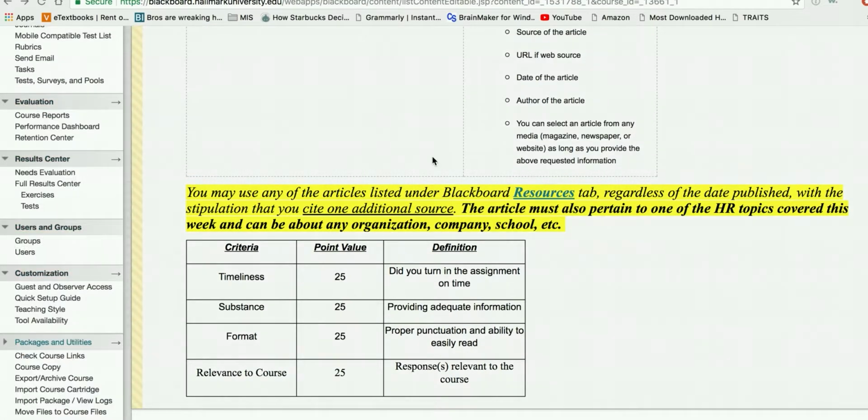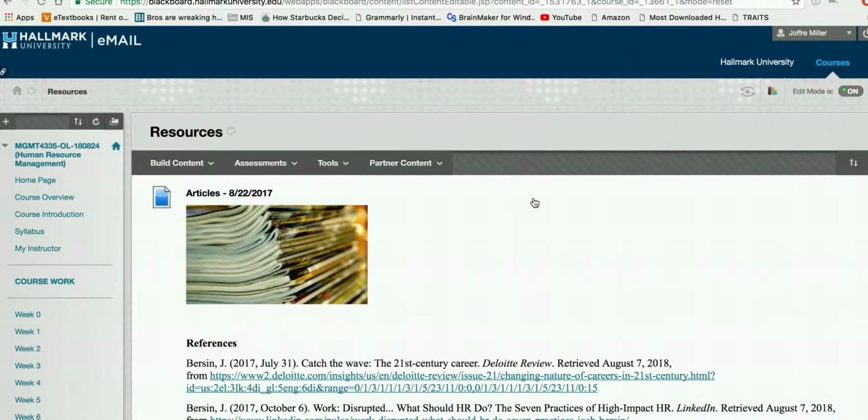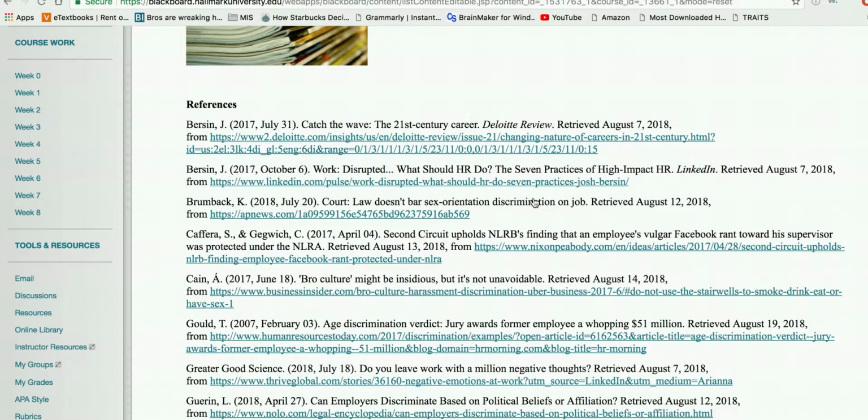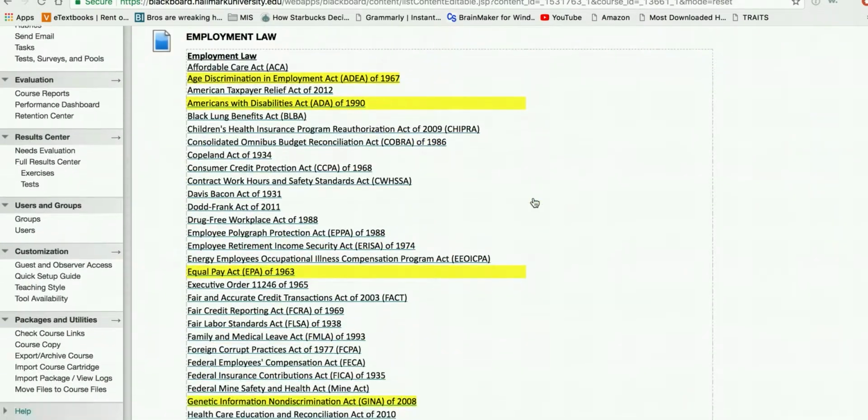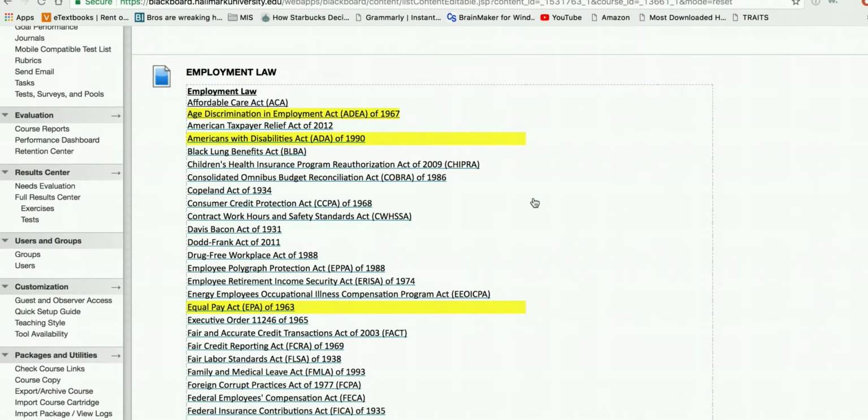And I don't expect that when we're talking about an HR law that you go to the actual law itself. I mean, like a legal Lexis site and quote from a law like you would be referencing a law as an attorney.